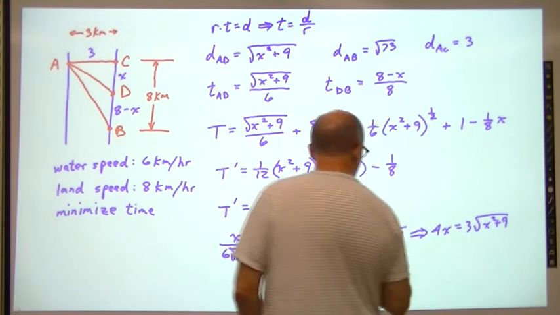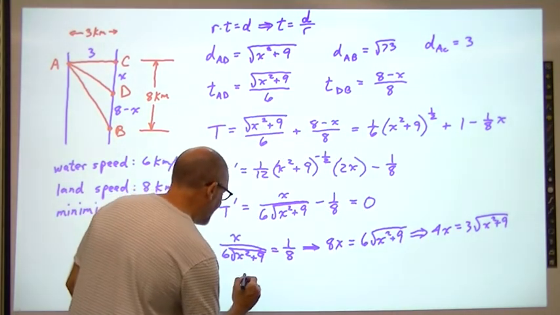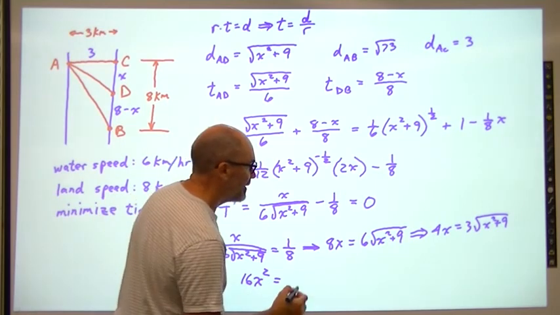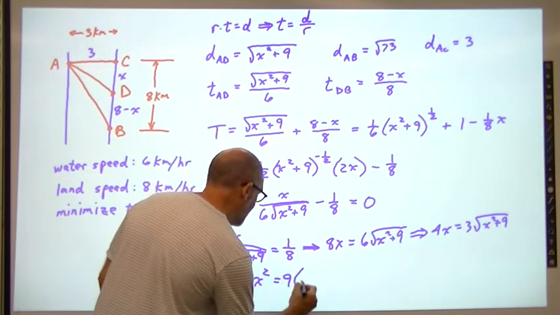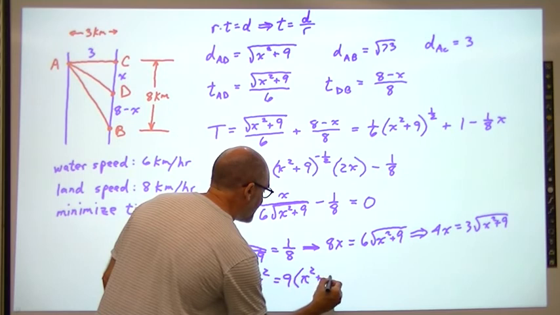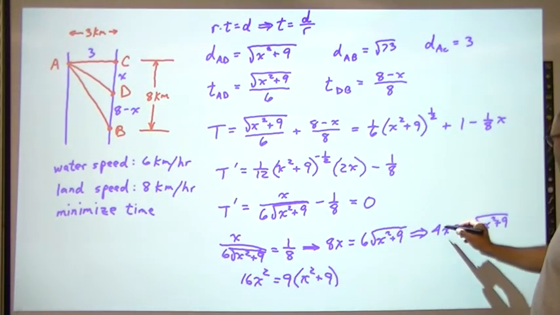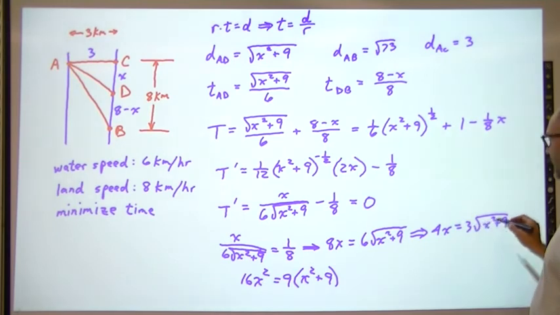So that means I've got 16x squared equals 9 times x squared plus 9.